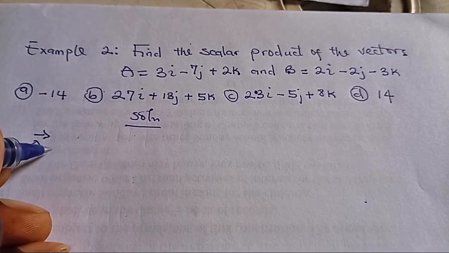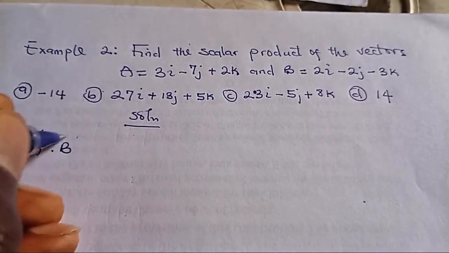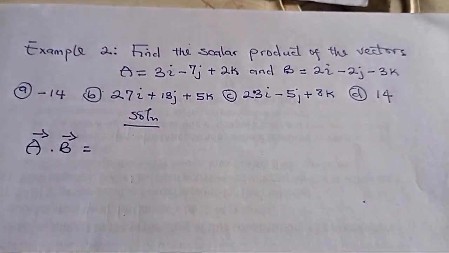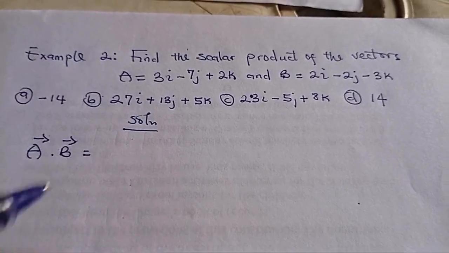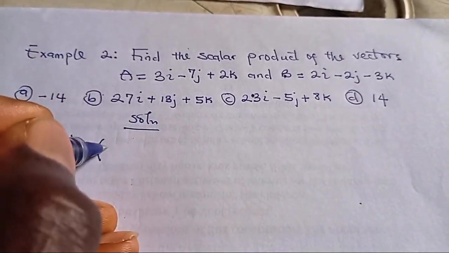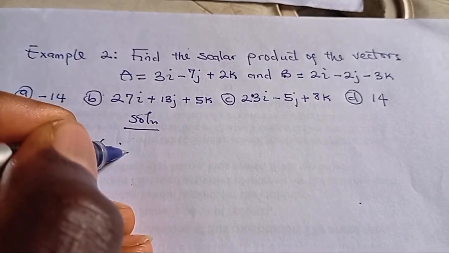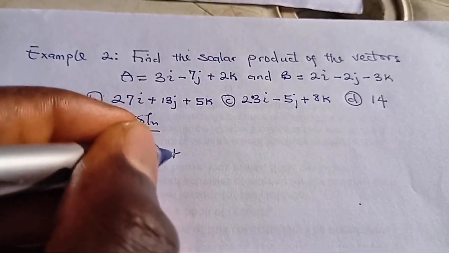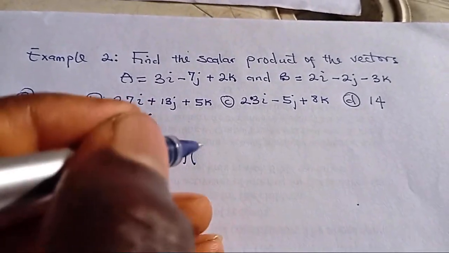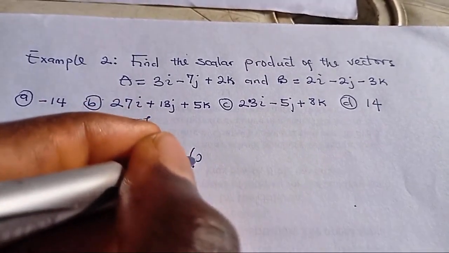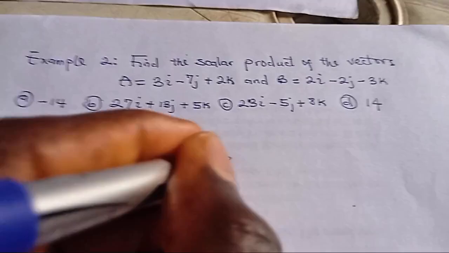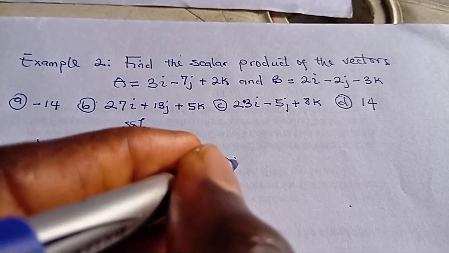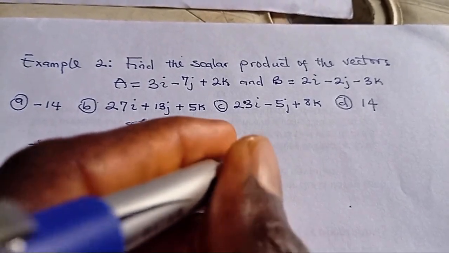Since it's vector A and B, we are going to have A dot B.